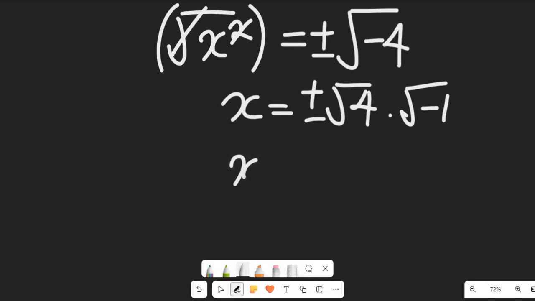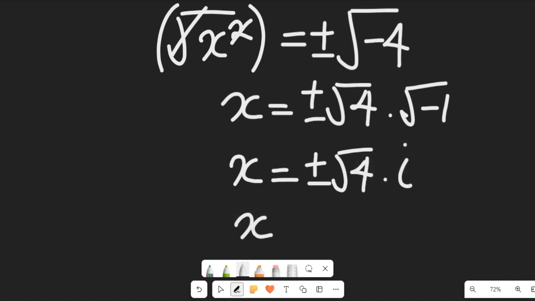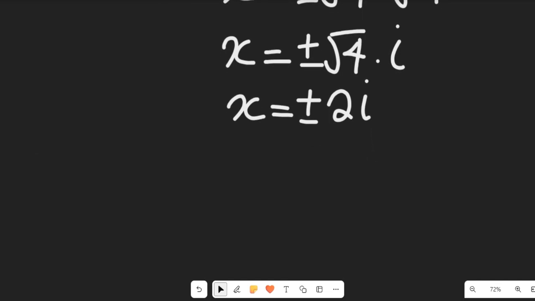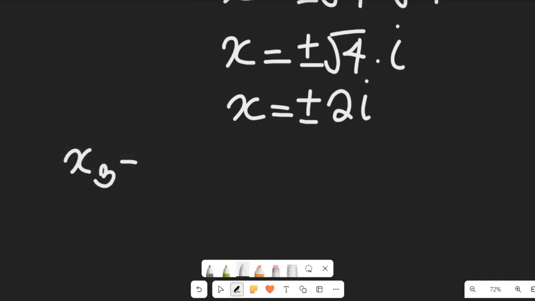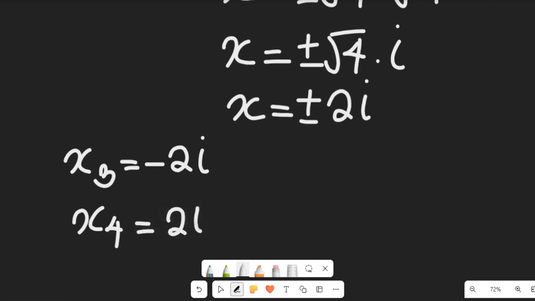So x will be equal to plus or minus the square root of 4 multiplied by i, and the square root of 4 is 2, so 2i. So from here we can see that x3 will be equal to negative 2i, and then x4 will be equal to 2i.